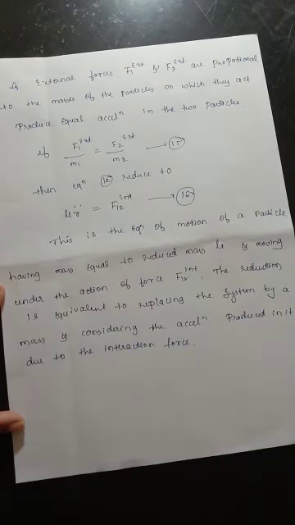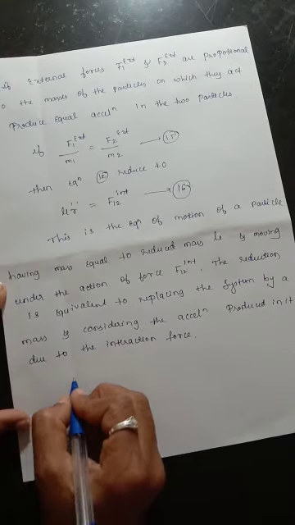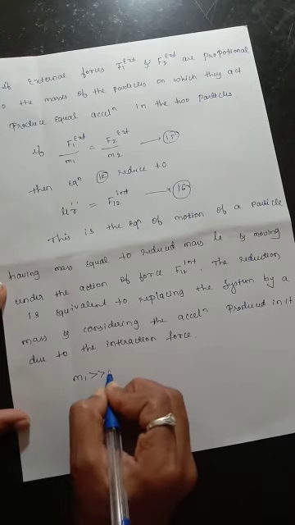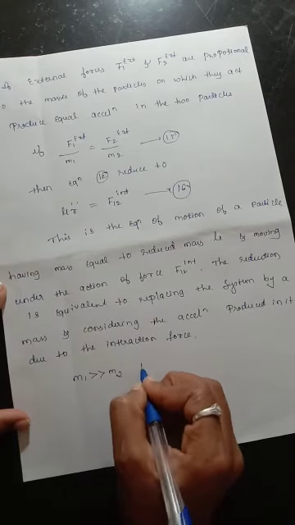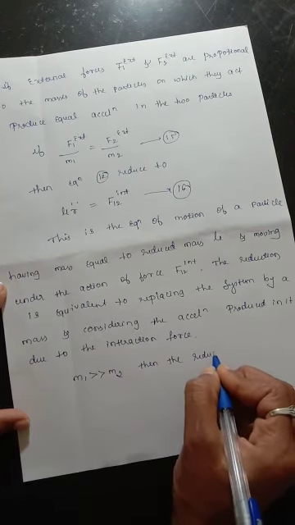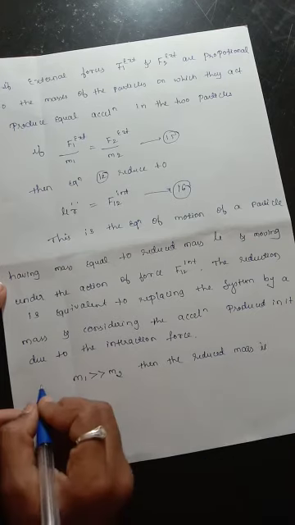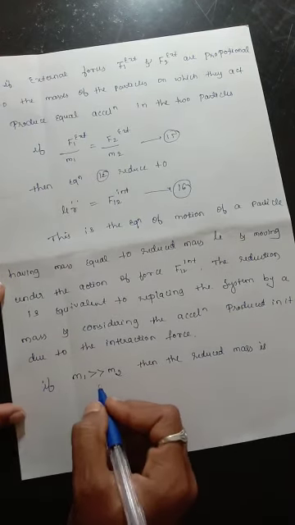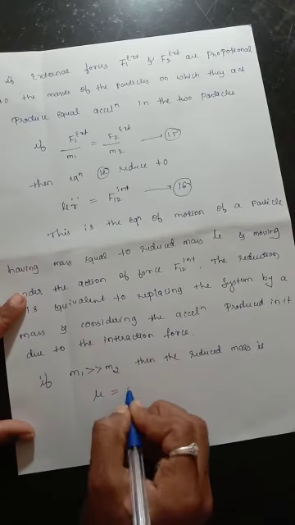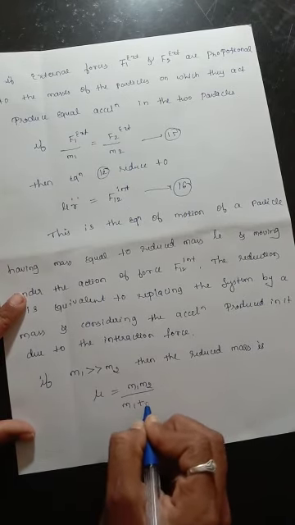If the mass of one of the particles is extremely large as compared to that of the other, that is m1 is greater than m2, then the reduced mass mu equals m1 m2 divided by m1 plus m2.